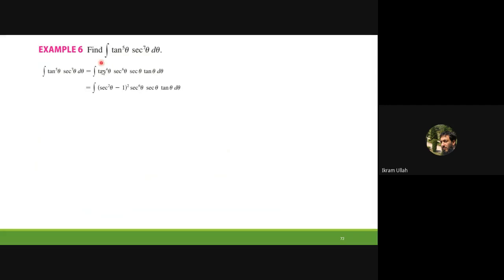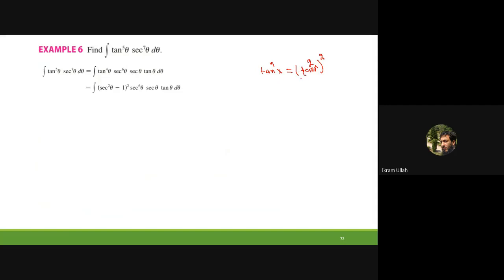Now using the identity for secant square, this is tangent to the power 4. So tangent to the power 4 we can write in this form, tangent square x and whole square.